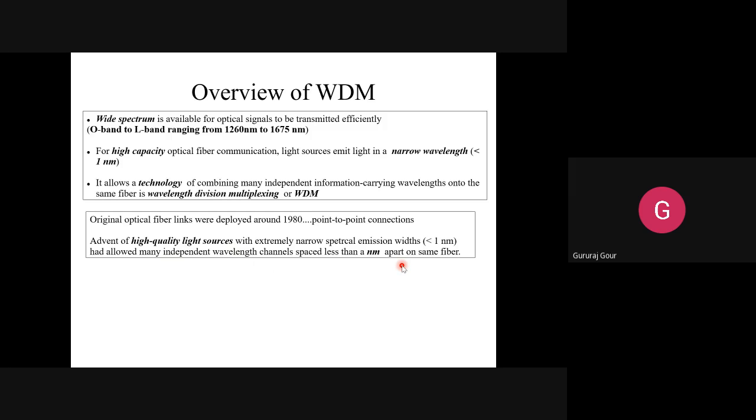They started multiplexing them, and this led to the development of the wavelength division multiplexing concept. So these two points, guys: the limitation of 1980s technology, that is point-to-point communication supporting only a single wavelength, was later overcome by supporting multiple wavelengths with the help of highly coherent light sources.